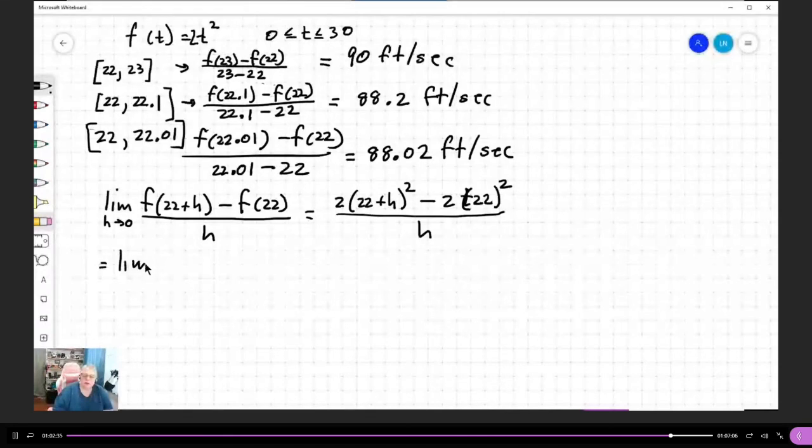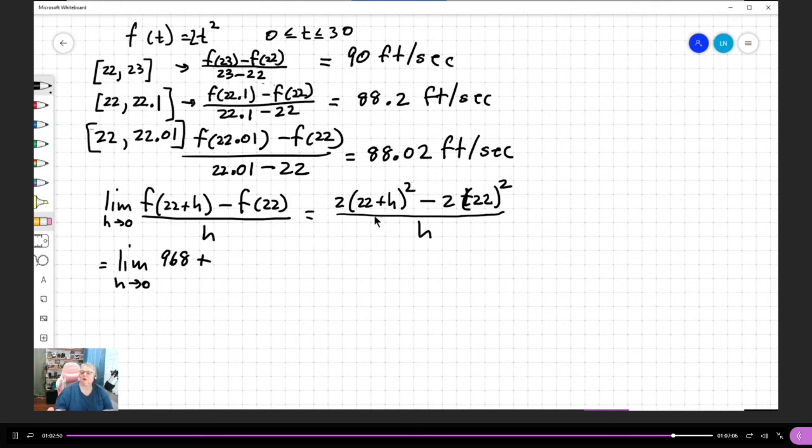So this becomes the limit as h goes to 0 of 2 times 484, which is 968, plus 2 times 22 times h, which is 44h, times 2 again, so that's 88h, plus 2h squared, minus 2 times 484, which is 968, all over h.